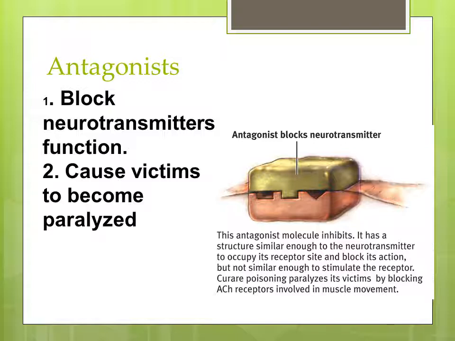Its structure is similar enough to a neurotransmitter to occupy its receptor site and block its action, but not similar enough to stimulate the receptor. So like I said before, blocking this can cause problems with muscles. An example of this would be Botox. You're not allowing the acetylcholine to cause the movement to take place, which is going to cause you to become paralyzed, or paralyze that area.